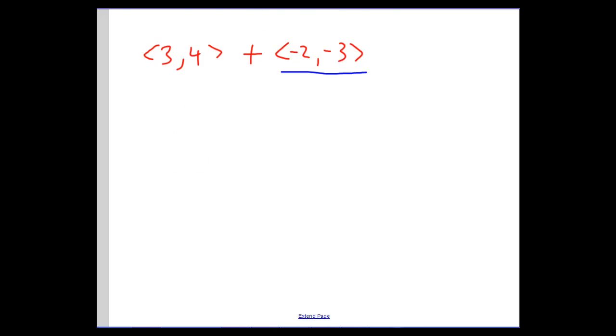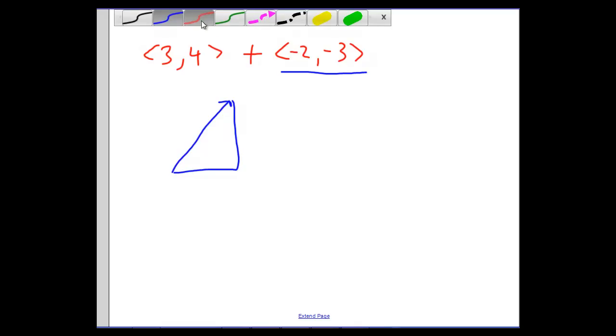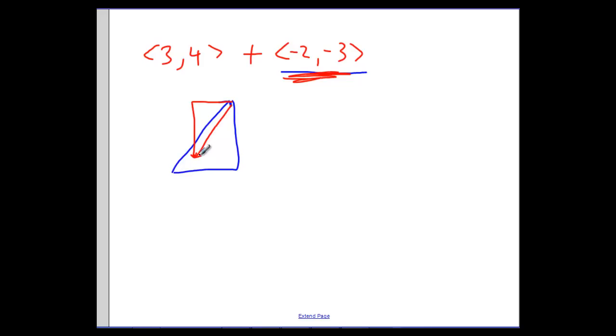So we had 3, 4. And then my new vector goes negative 2 to the left and 3 down, which gets me to this point. So my net vector, the sum of those vectors, is the following.